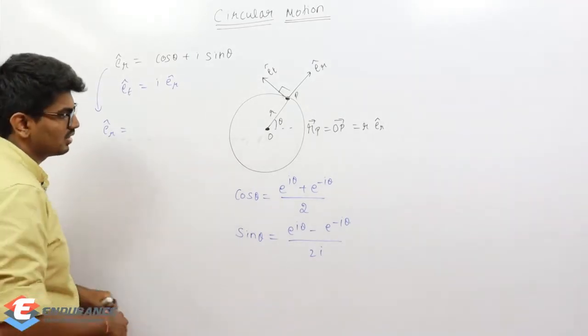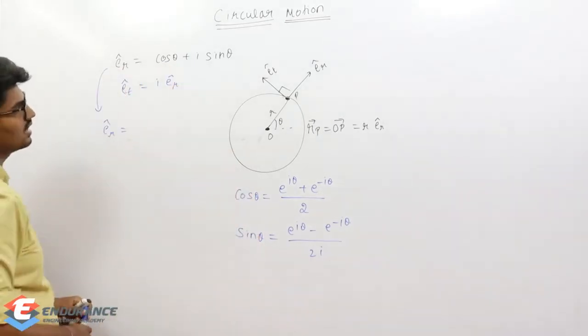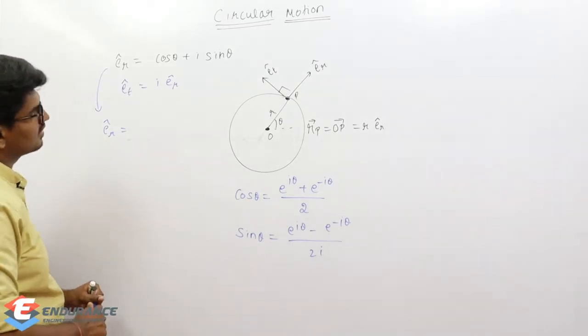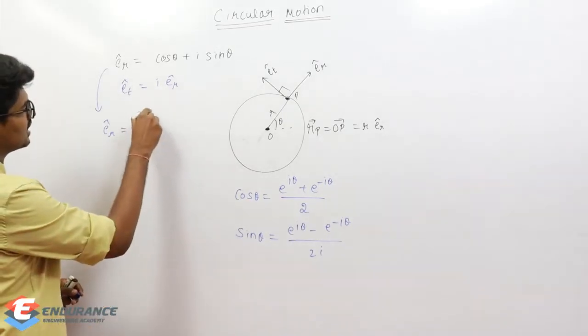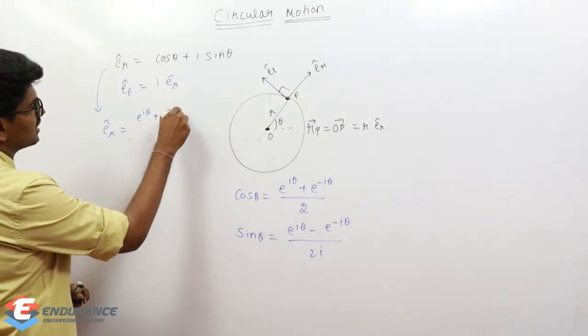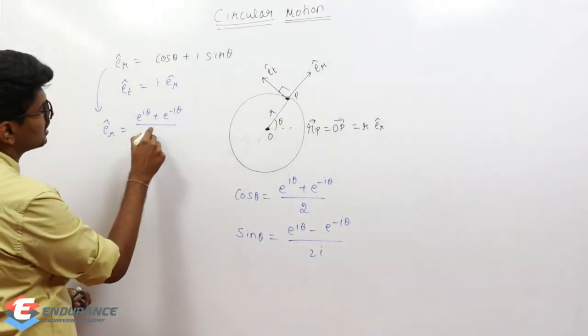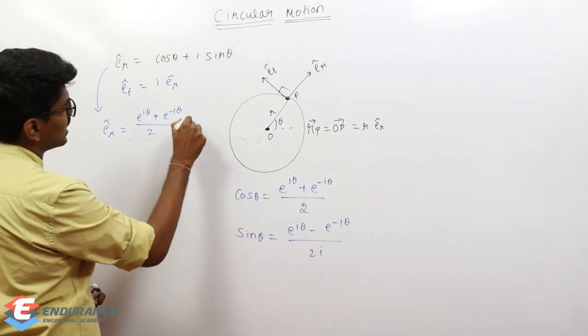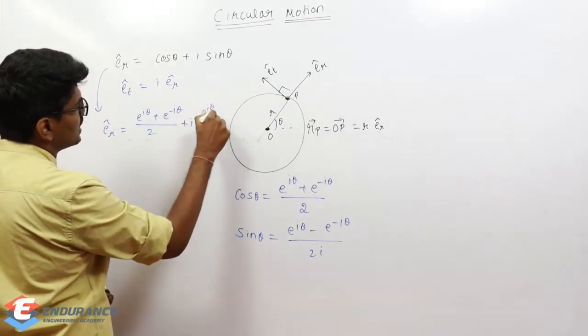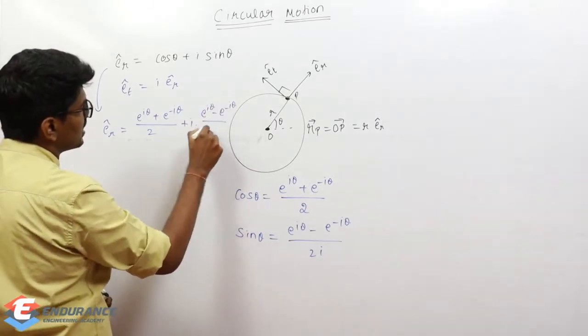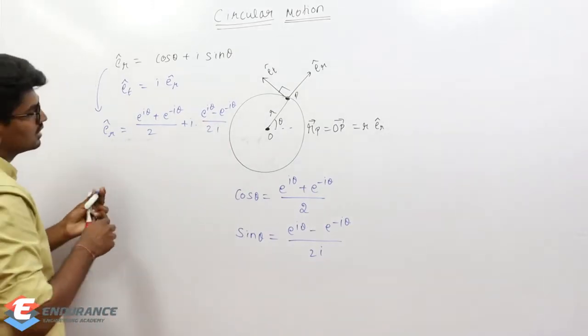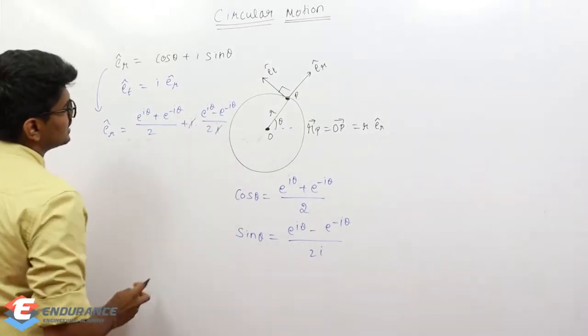This is from complex numbers; I'm not discussing how it is. So now substitute cos theta and sin theta there. What I will get is e to the power of i theta plus e to the power of minus i theta by 2, plus i into e to the power of i theta minus e to the power of minus i theta by 2i. Okay, so i gets cancelled.